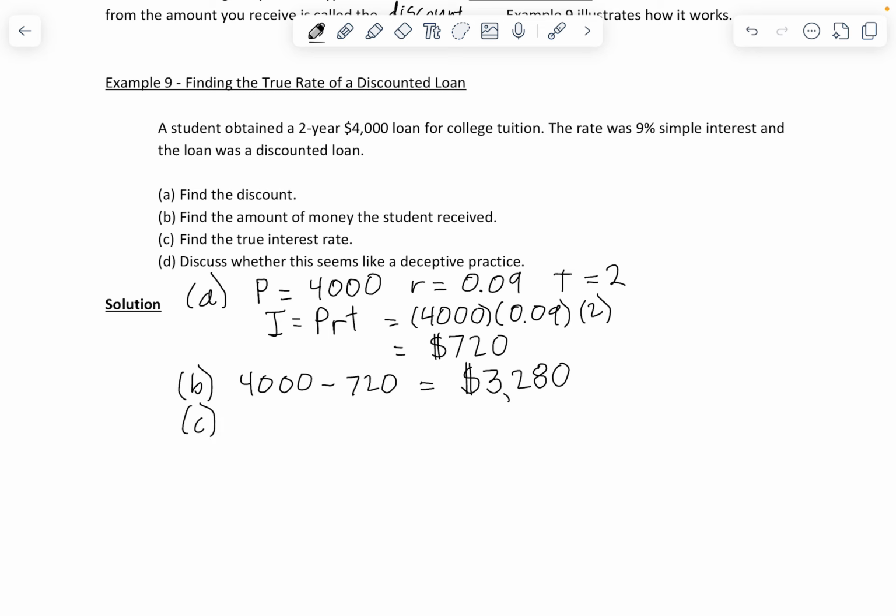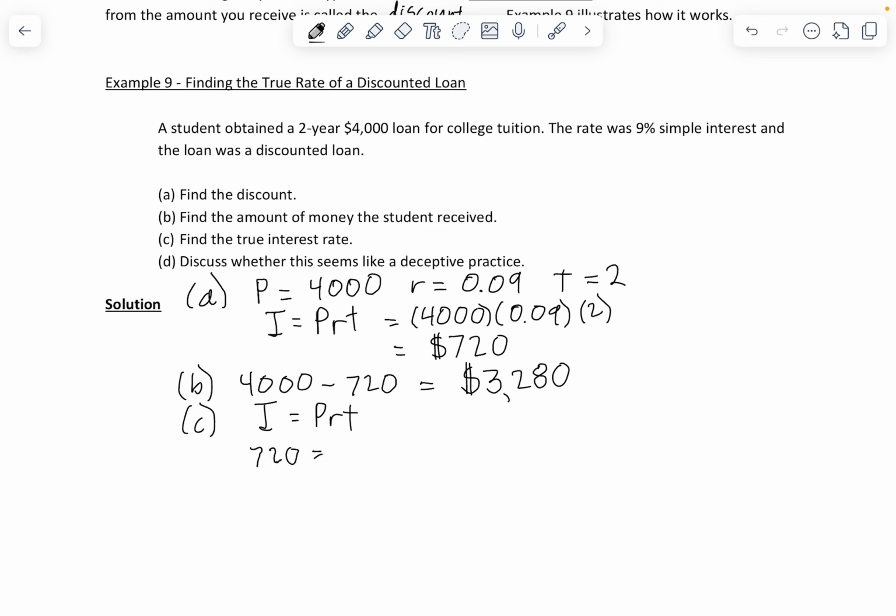Okay, C, find the true interest rate. The true interest rate is calculated by finding the rate on a $3,280 loan with $720 in interest. So again, we're going to use the simple interest formula. The amount of interest is $720.